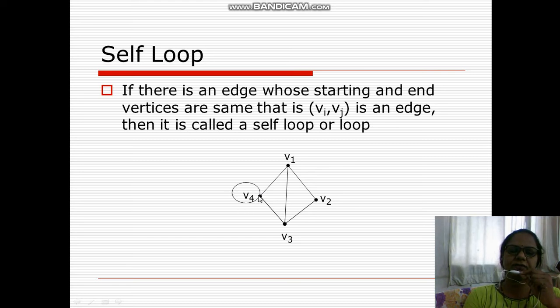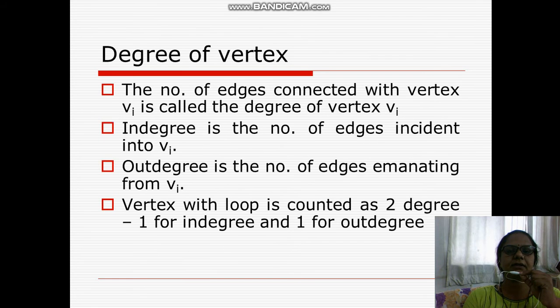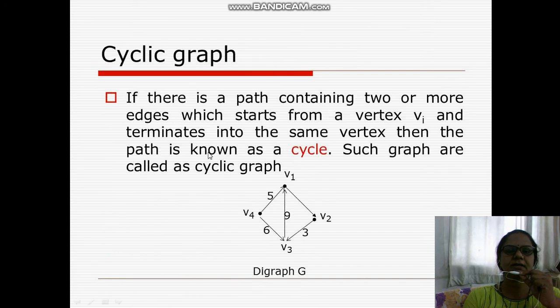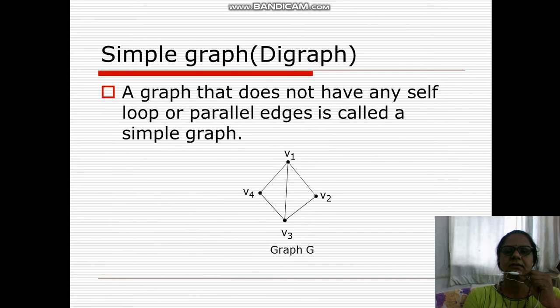Any vertex from where an edge begins and sinks into itself has a loop. A graph with a self loop or a parallel edge is called a simple graph.